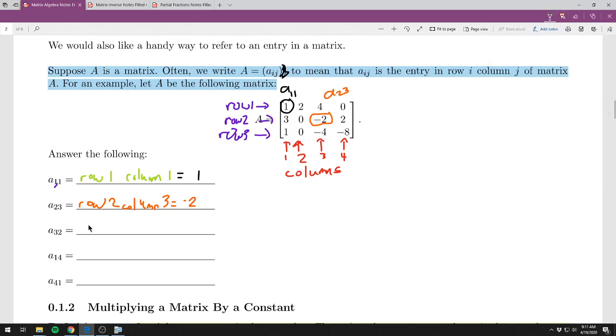Next one, A32, row 3, column 2. Row comes before column, so don't accidentally mix those up. Row 3 is down here, in column 2. We go over 2, and we see that that entry is 0. So A32 is 0.